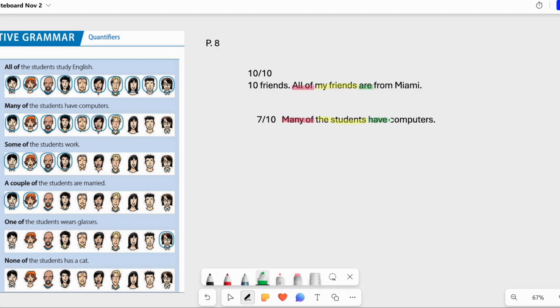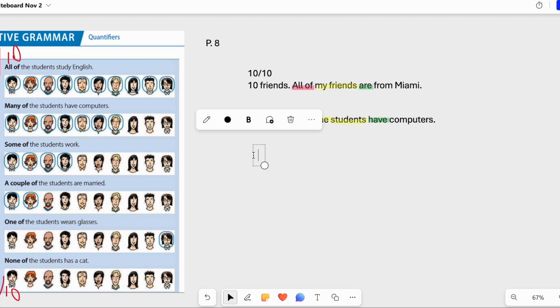Now we use some. So basically, it goes in this order, right? 10 out of 10, and here is 0 out of 10. You see? For example. Then number 3, some. When we say some, we refer to less than half.